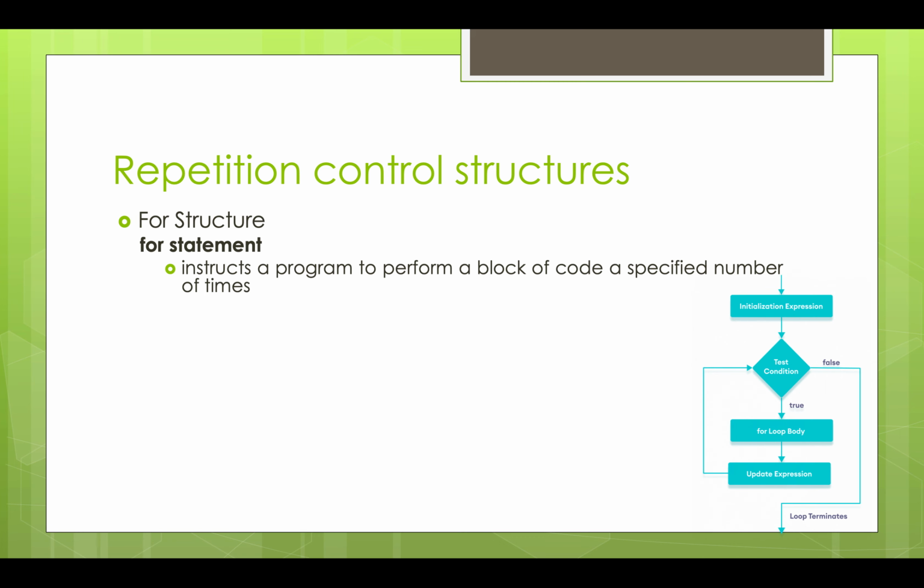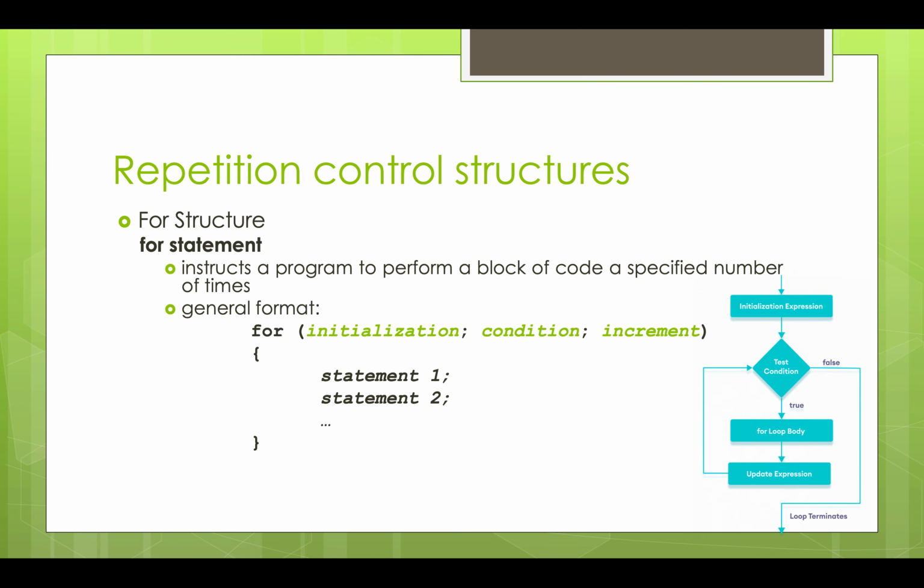For the for statement, or the for loop, it instructs a program to perform a block of code a specified number of times. This is the general format, or the syntax. First, you put the for, then the initialization, where you put your counter, for example x equals 1.